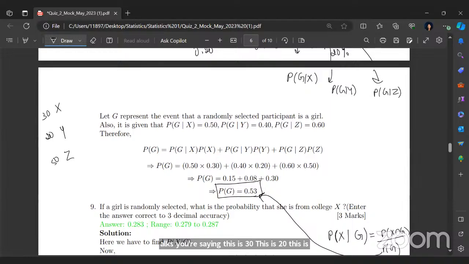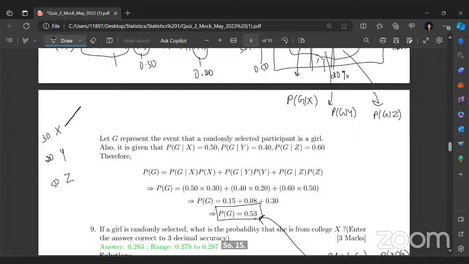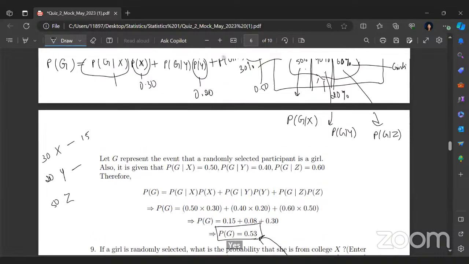Now 50% are girls in college X. So this is 50% of 30, so it's 15. 15 girls, 15 boys.